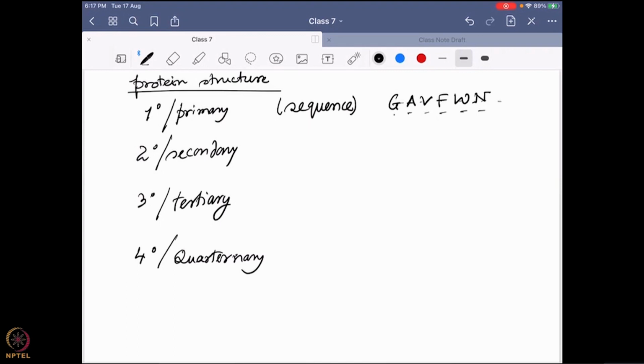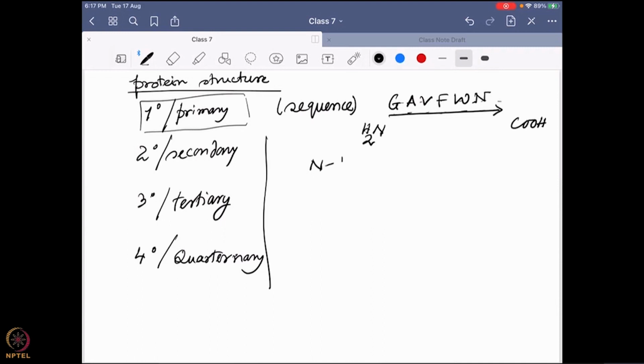So what is the sequence that is going to give you the primary structure? And over there, what does that primary structure basically mean? Basically it means that you have one amino acid, and generally when we write that sequence, we write it in such a way that this is going to have the free amine group at the end, and this is going to be the free carboxylic acid group at the end.